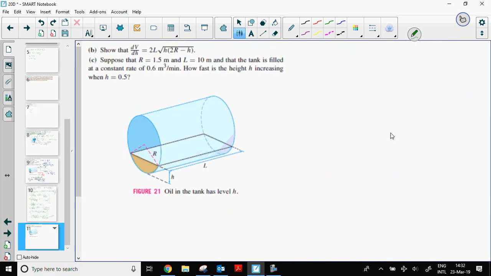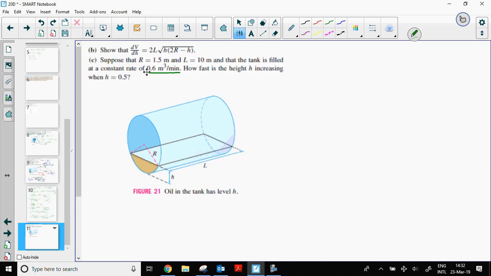And now finally, part C. Okay, so we want to find out how fast the height is increasing. Now notice here, they're telling us that the tank is being filled at 0.6 meters cubed per minute.